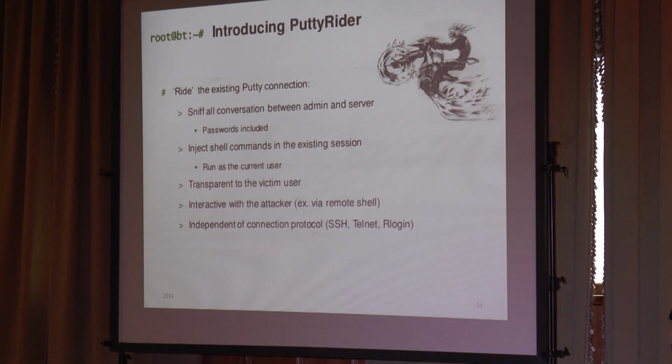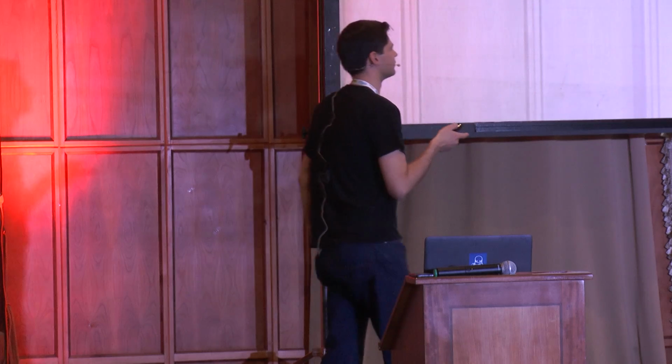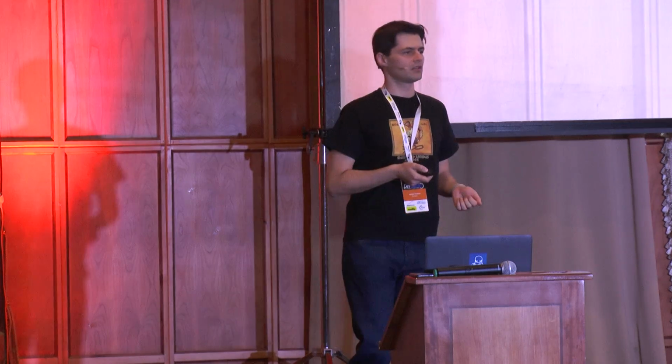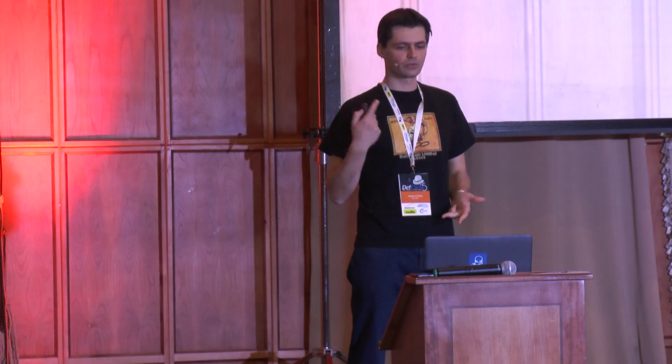So we do not want the victim to see that we are there. And also, I would like it to be interactive via remote shell. Because we take advantage of PuTTY, we know that PuTTY can connect with multiple protocols, SSH, telnet, rlogin. So this tool actually works for all these protocols.